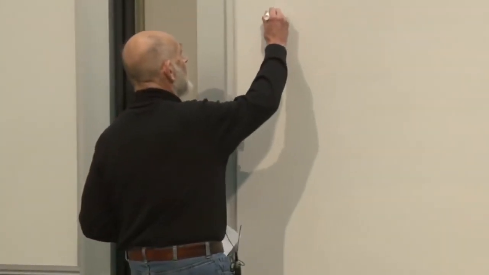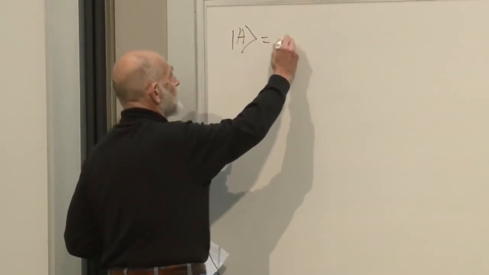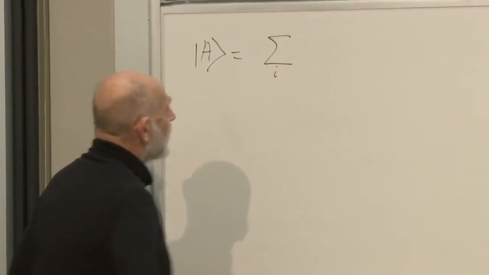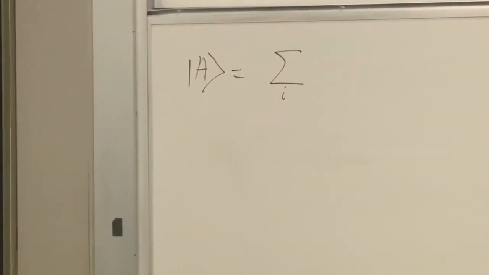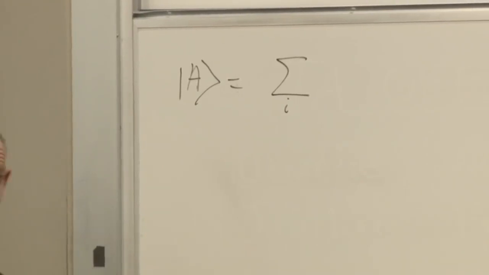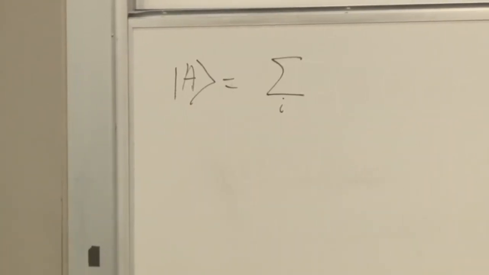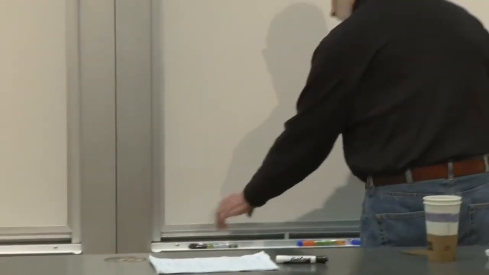Given such a basis, you can write any vector in the space as some kind of sum over those basis vectors. So we can write for any vector A that it's equal to a sum over i. Here i stands for the basis vectors. Of course, a basis is not a unique thing. Just as there are many sets of mutually orthogonal vectors in three-dimensional space, there are many sets of mutually orthogonal vectors in an abstract vector space, but we pick one.